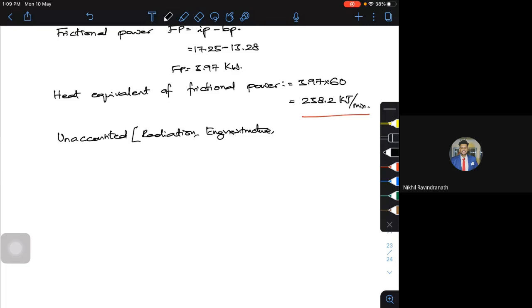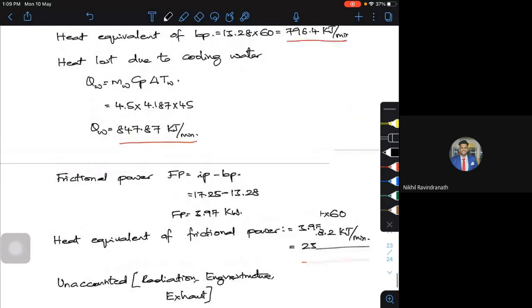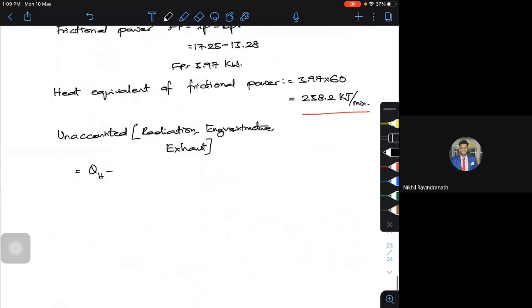Unaccounted heat includes radiation, engine structure, and the exhaust. How do we find this? It is heat supplied minus everything. You add up the heat equivalent of BP, plus the heat taken away by the water, plus the heat converted as frictional power.